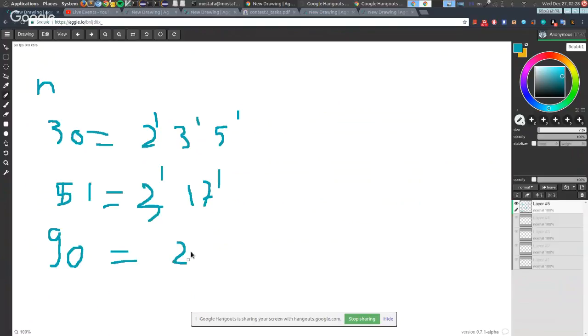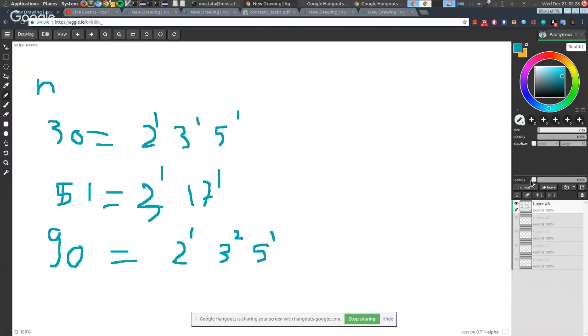So this is 2 by 1, 3 by 2, and then 5 by 1. That's it. So these are some examples for the factorizations of some numbers.